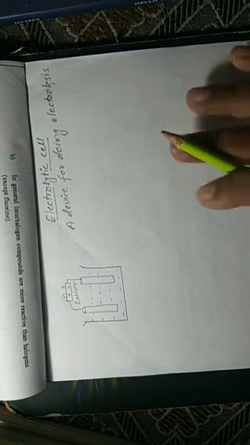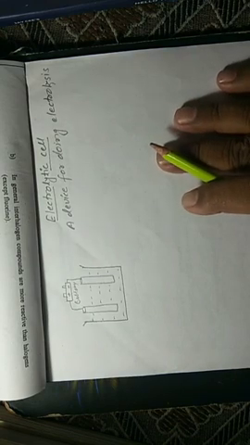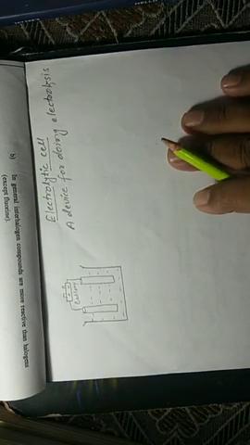Now come to our second point, that is electrolytic cell. In this point we are going to discuss that electricity can make certain chemical reactions happen that wouldn't happen otherwise.